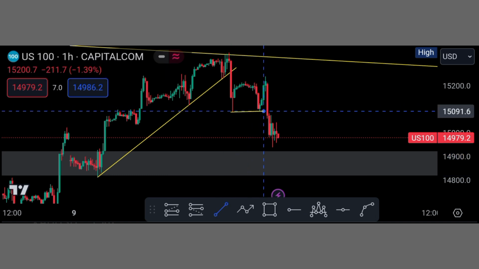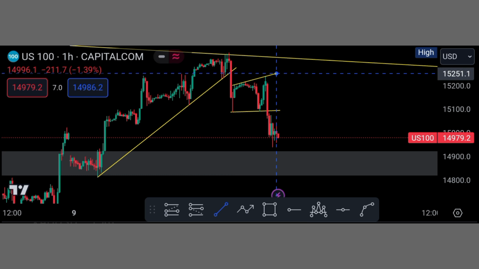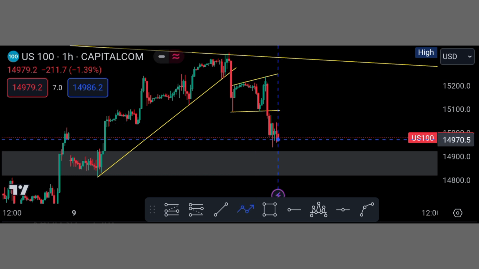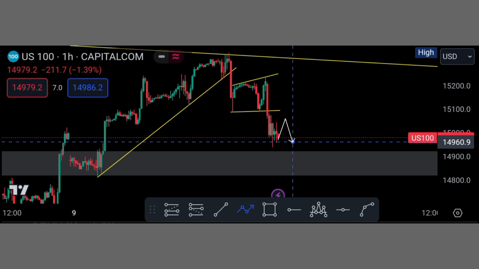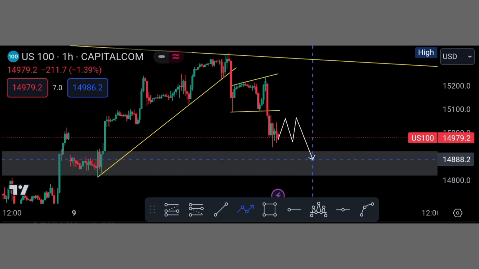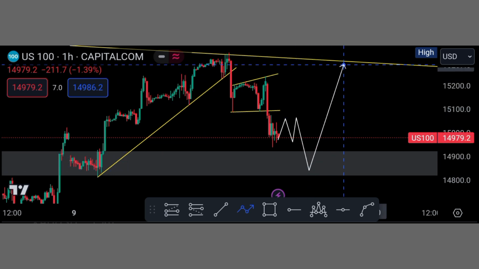So right here we had this correction, like that, right? And then we can actually have another correction, then go to the downside, touch our zone, and then go to the upside, right?